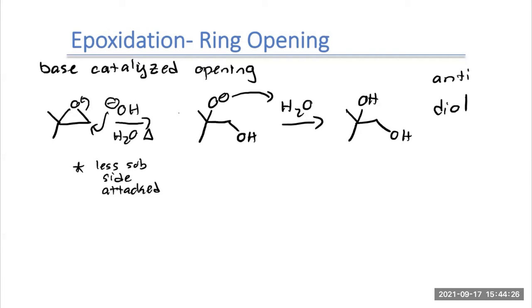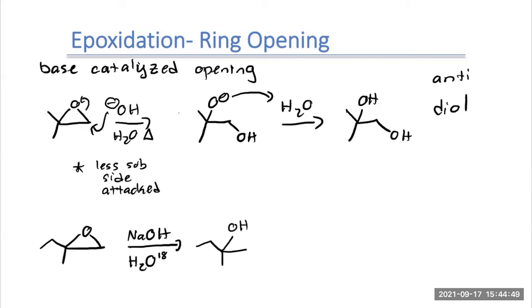And so that means when we do our reactions, let's say we wanted to compare our base catalyzed to our acid catalyzed, and we use an O18 isotope to do isotope trace. What'll happen is that O18 will end up on the less substituted in the base reaction.